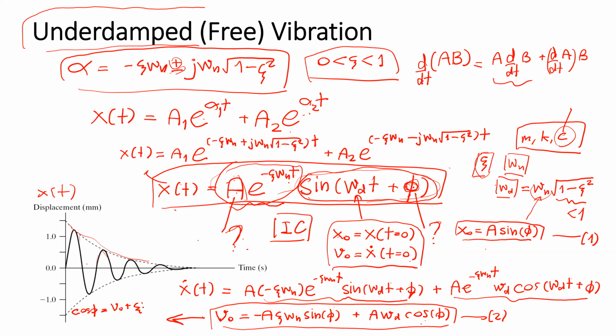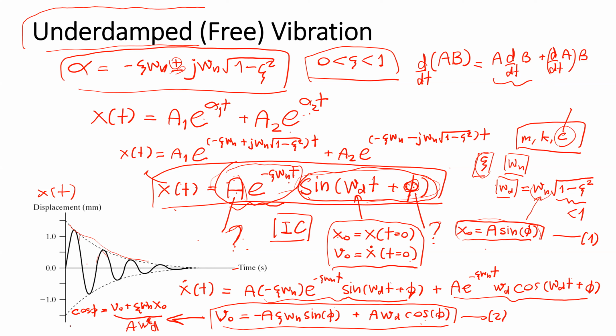Can you see this? x0 is equal to A sine phi. So if we move this to the left-hand side, we have v0 plus psi omega n multiplied by x0, divided by A omega d.